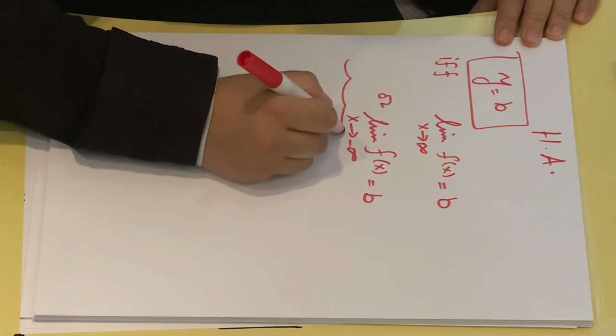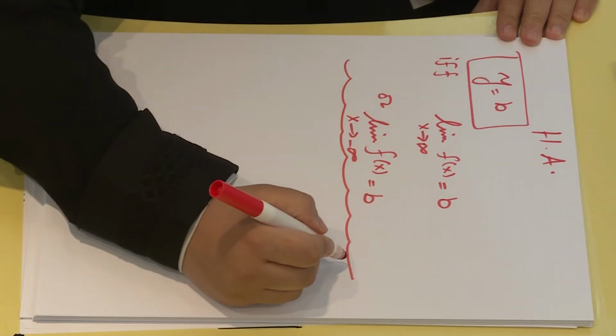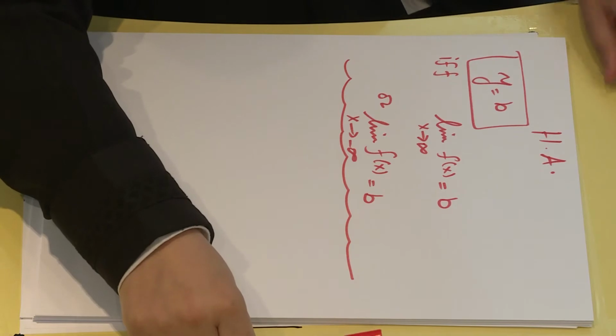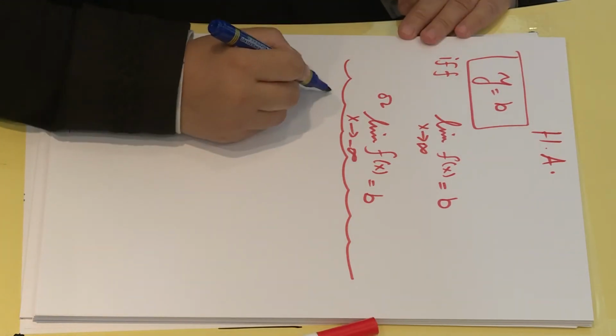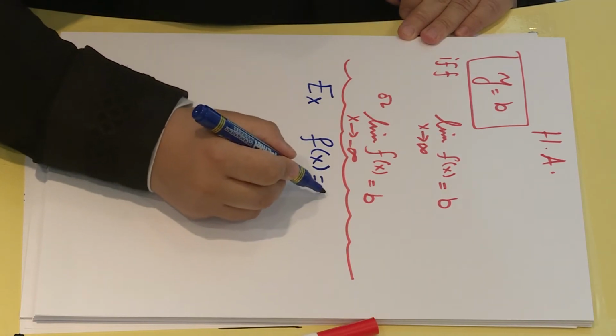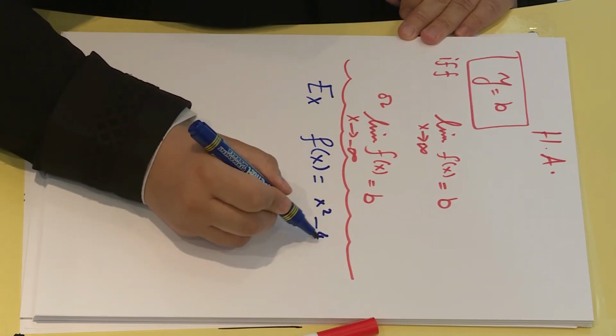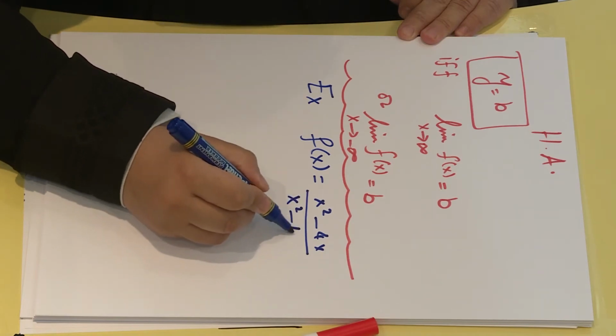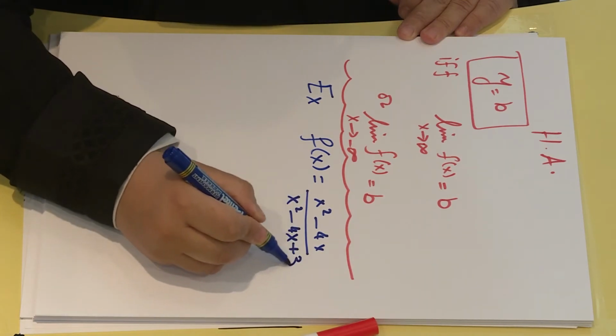Now, let's take an example where we ask you to find both vertical and horizontal asymptotes. Example, given f of x equals x squared minus 4x divided by x squared minus 4x plus 3.